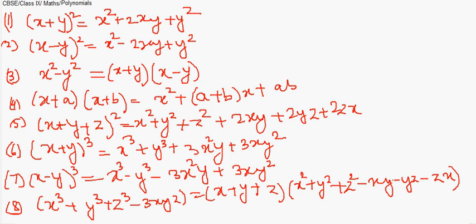We move on to the next screen. For reference, we can come back to this screen again. Let us take up the first few simple ones of the direct applications. The first question you might come across will be like: expand each of them with different identities being applied. The first one I take up is this. If you recall, it was the (x minus y) whole square formula.